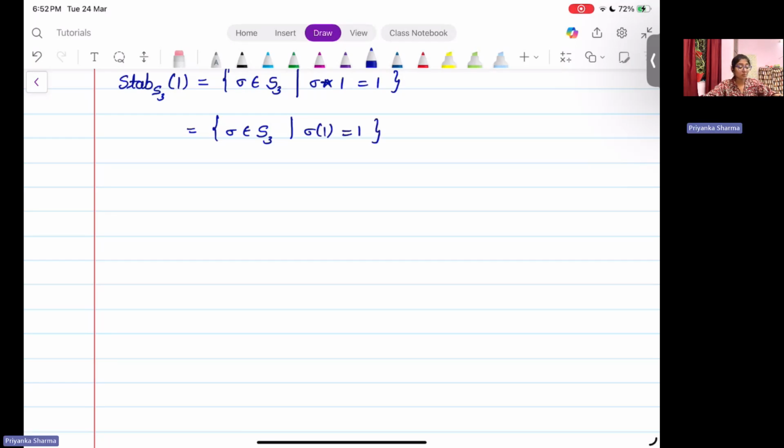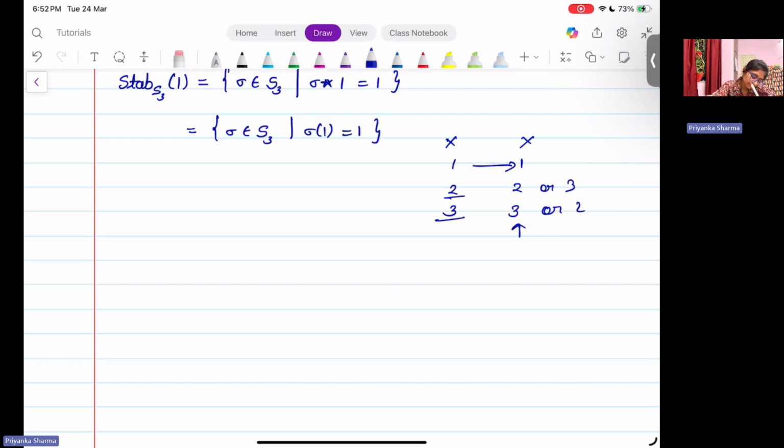That is, we need all those permutations on X which map 1 to itself. See, this is X to X. We have these three elements 1, 2, 3, and what we need is that 1 is mapped onto itself. Now, there is no restriction on the images of 2 and 3 this time. So the image of 2 can be either 2 or 3, and the image of 3 can be either 3 or 2.